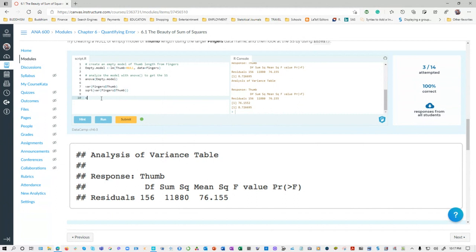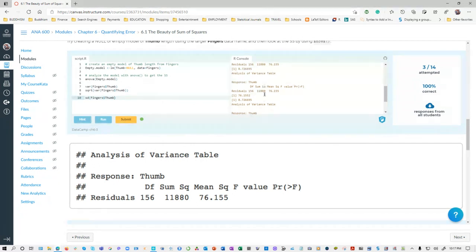On the other hand, I can use this function, SD straight. Rather than var, I'm going to use SD of the thumb length in the fingers data. That would give the same answer. Or go to variance and then take the square root.